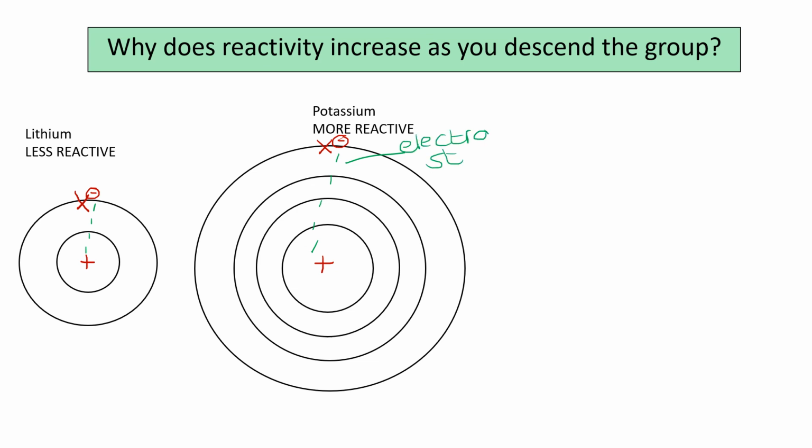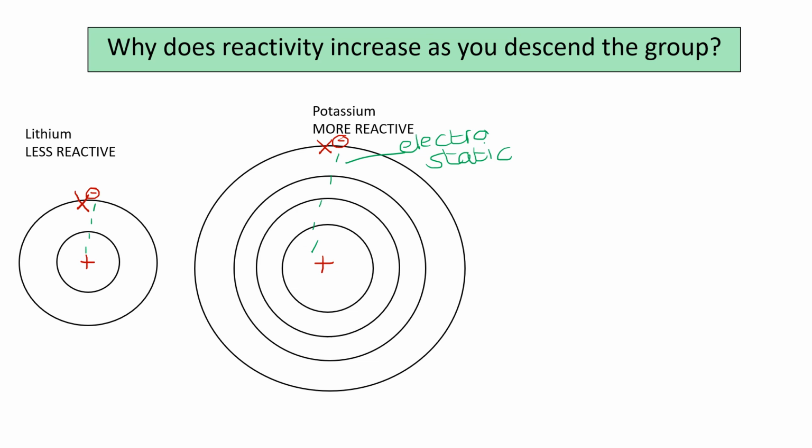It is important not to call it an electromagnetic force because that is wrong. It is an electrostatic force. Now both of these atoms are unstable because they do not have a full outer shell. So when both of these atoms react, they aim to lose their outer electron to become stable. And the most reactive atom is the one that finds it the easiest to lose its outer electron.